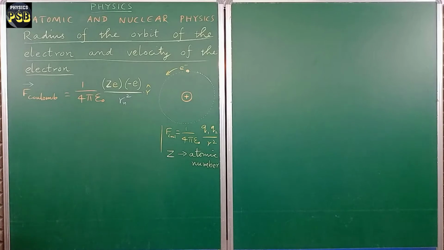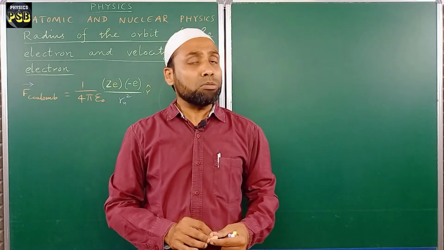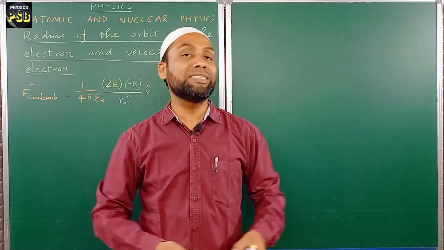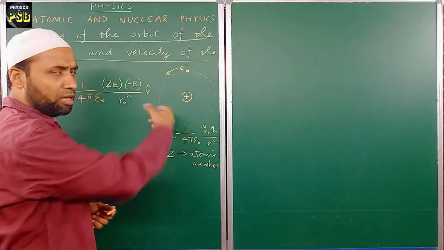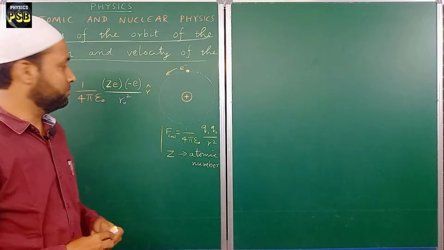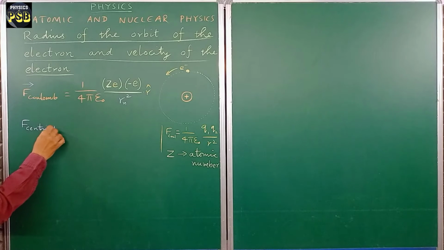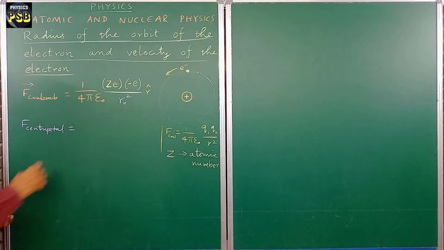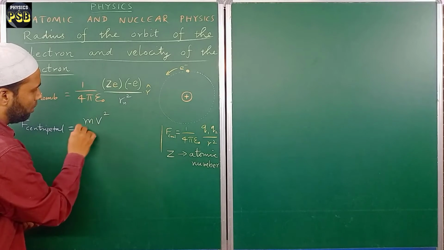Now next, we have studied that for a body to move in a circular path, the force required is centripetal force. Here electrons are revolving in a circular path, so the force acting on them is centripetal force. The centripetal force is responsible for the circular motion of electrons around the nucleus. Here centripetal force is given as m v square upon r.